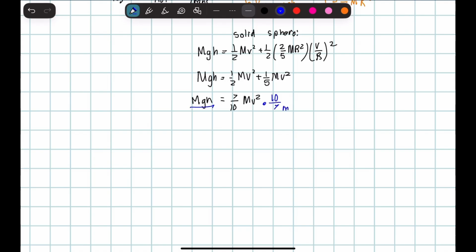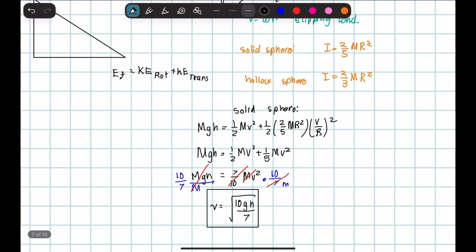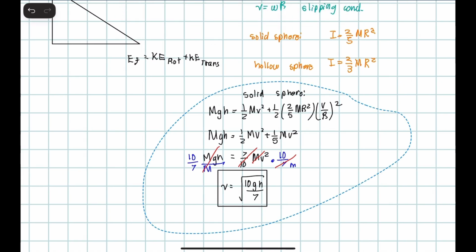The mass will cancel out, everything here will cancel out. So now you just have that the velocity is going to equal the square root of 10 times gravity times the height divided by 7. And that's going to be the velocity, and that was just for the solid sphere.